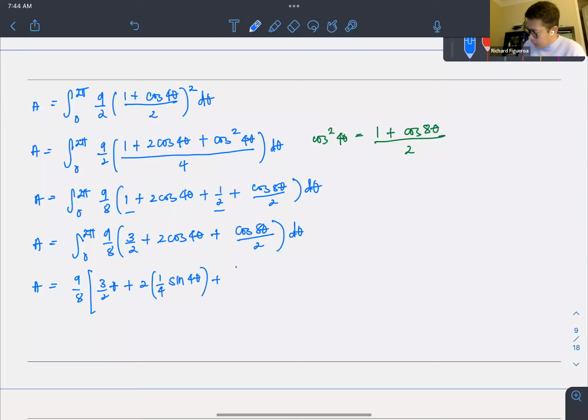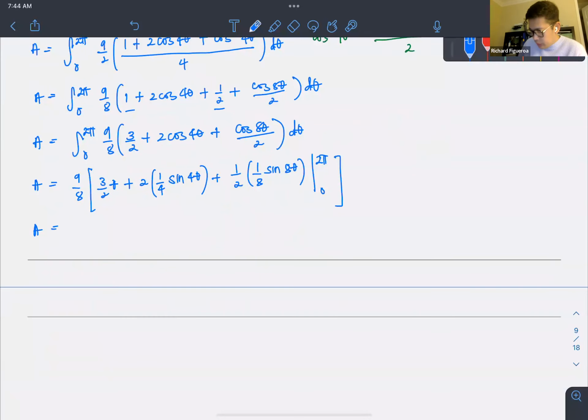Then plus 1/2, plus we have the cosine 8 theta. So its integral is sine 8 theta, neutralizing factor of 1 all over 8. And this is evaluated from 0 to 2 pi.